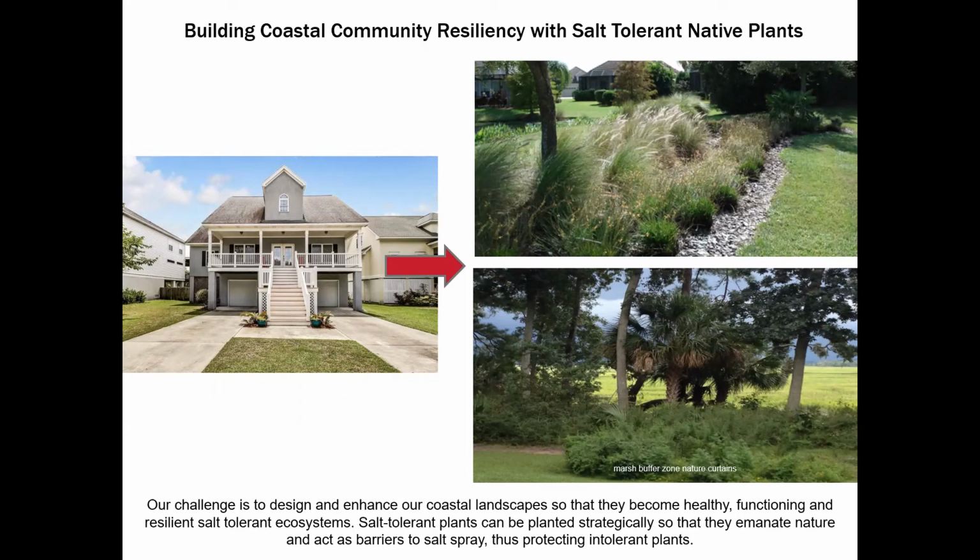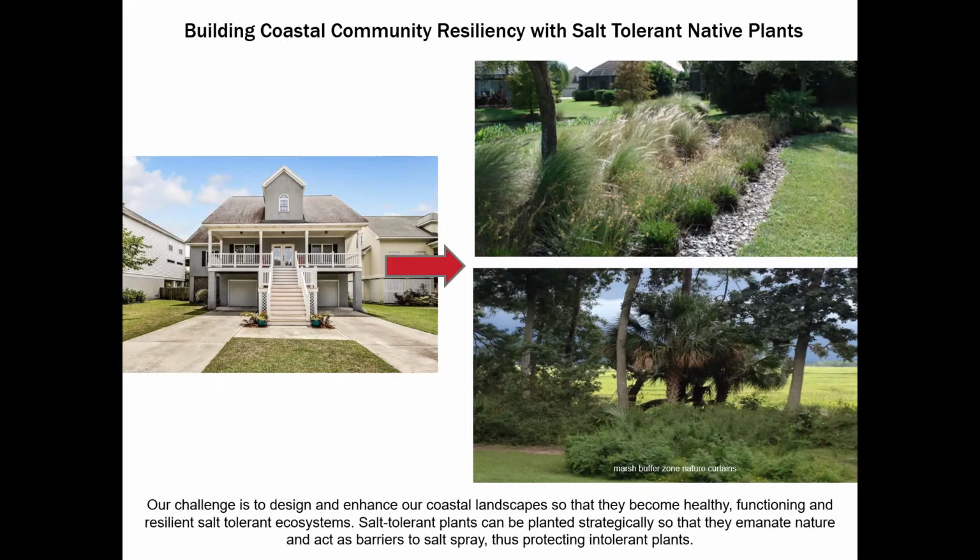So as you see in the right side picture, at the top, you'll see a barrier from a local tidal stream there. I don't know if you can see it to the extreme left of the picture, which is installed with salt-tolerant native plant grasses.